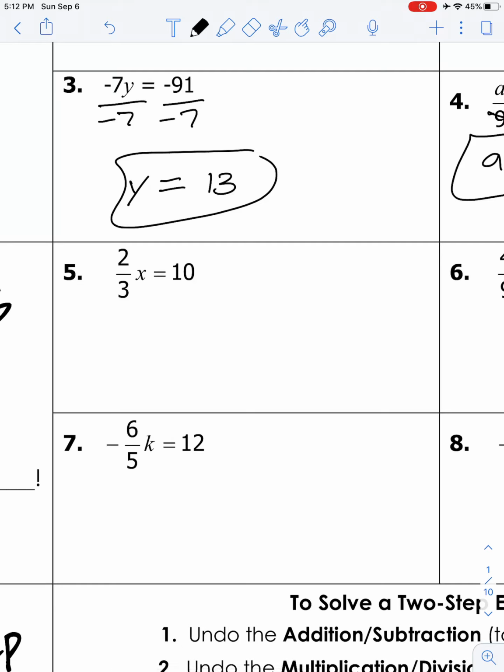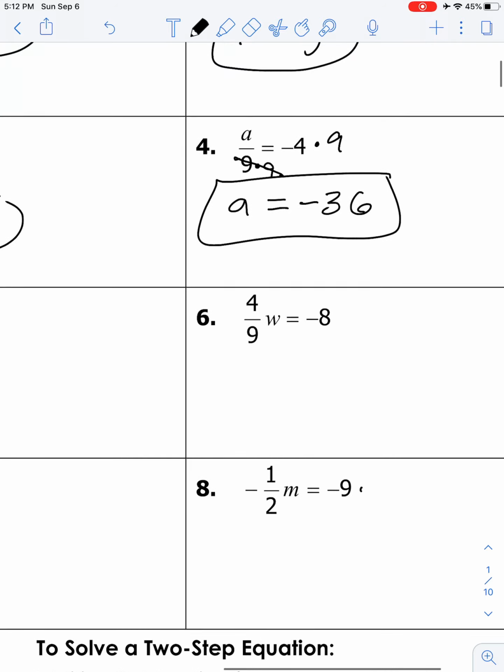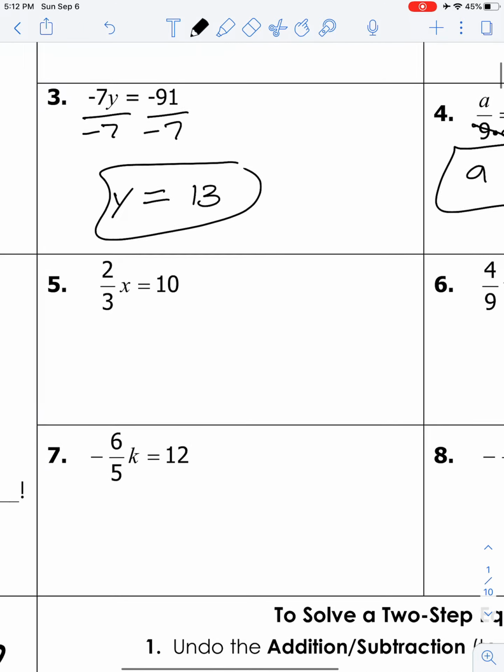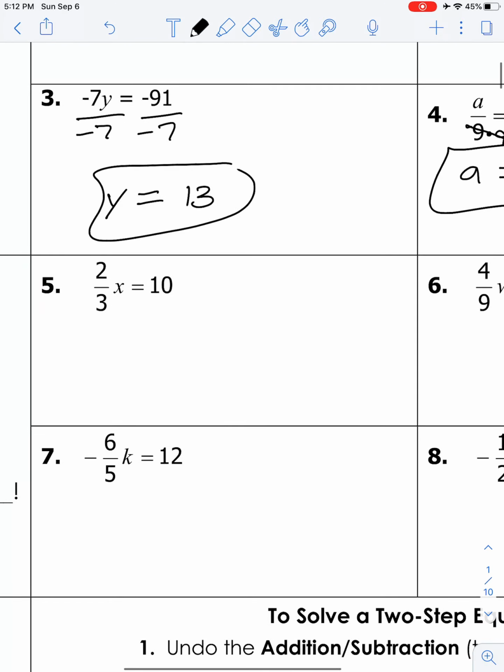Number 5. So now we've actually got a fraction times a letter equals 10. If you want to keep things consistent, you can do number 5 very similar to the way we did number 4. In order to get rid of the bottom of the fraction, you can multiply by the bottom of the fraction on each side.